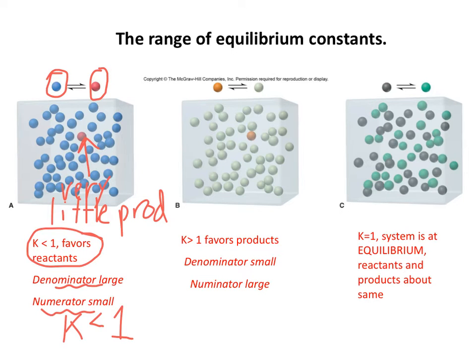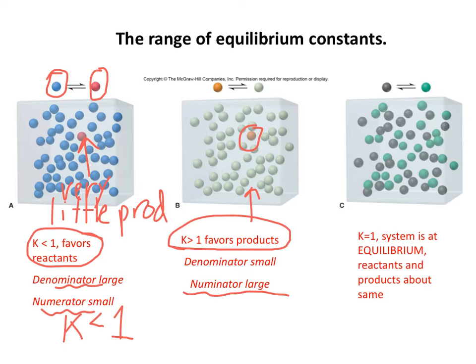In a case where the denominator is small and the numerator is large, in other words, most reactant gets turned into product, as is the case in the second picture, we'd have a very large number on top, a small number on the bottom, which means K will be much, much greater than 1, and that means that the products are favored. And then we have a kind of system where the system doesn't favor one greatly over the other.